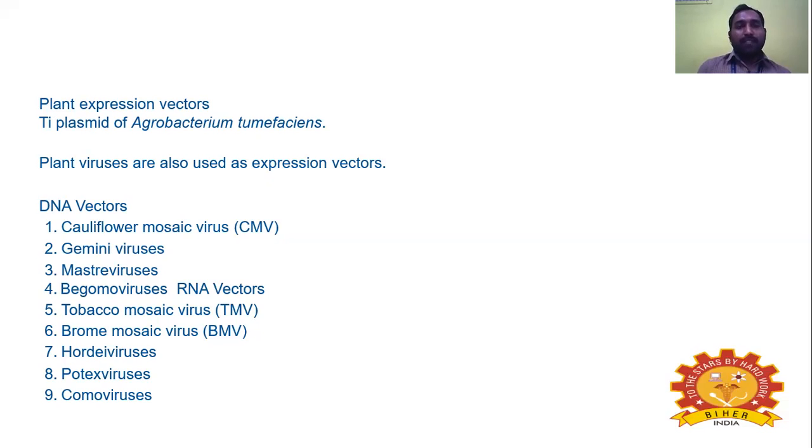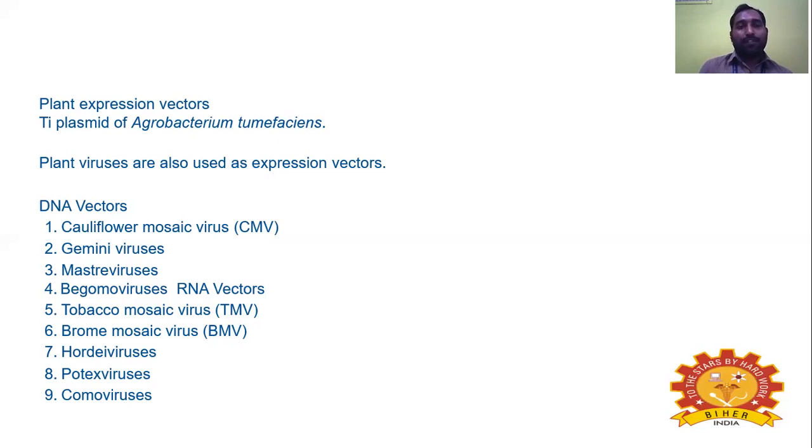And plant viruses can also be used as expression vectors. So most of the plant vectors are derived from viral vector systems. Here we have the DNA-based viral vector systems, which are derived from viruses.